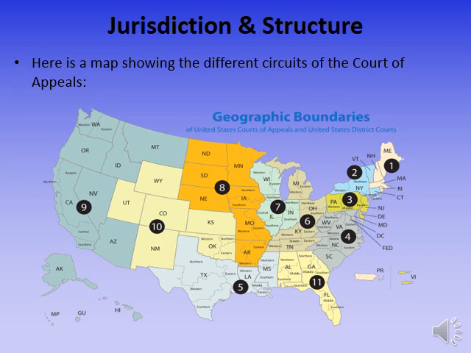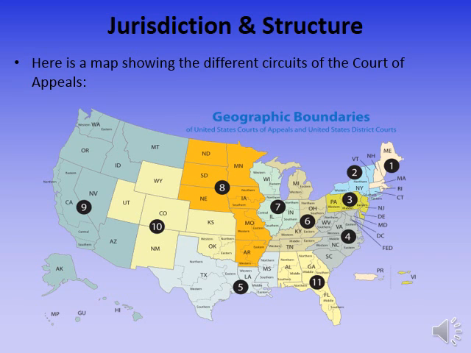Then in Kansas, Oklahoma, Colorado, and those yellow states over there, they're in the 10th Circuit, which is in Denver. And then the states on the left coast over there, California, Nevada, and Oregon, all of them, that's the 9th Circuit. And so if there's a case that's being appealed from any of these district courts within those states that are these different colors, you know which circuit they go to.